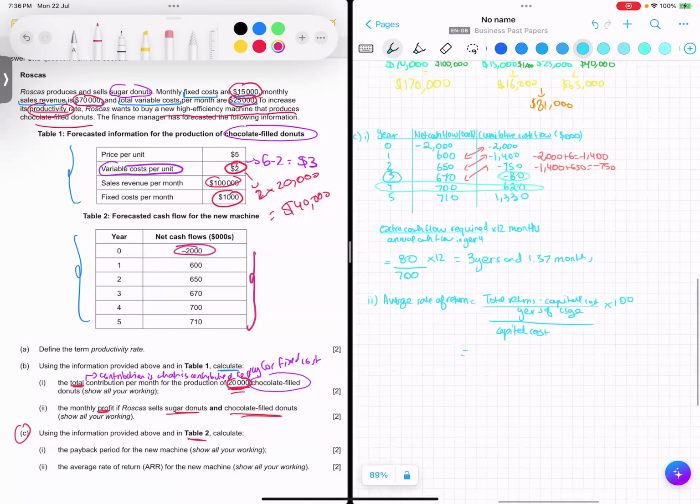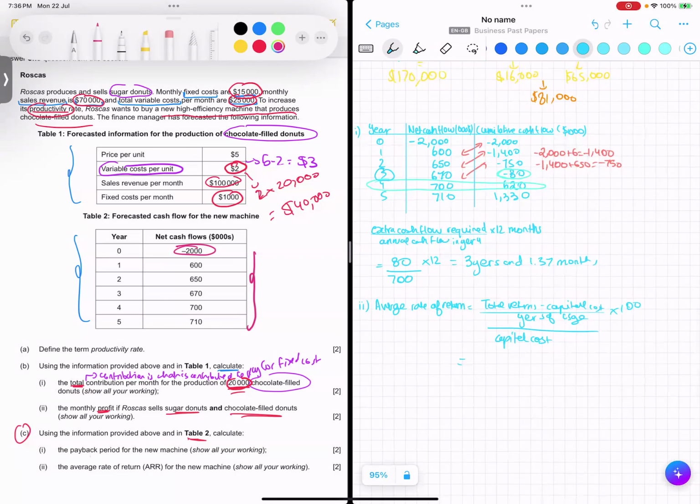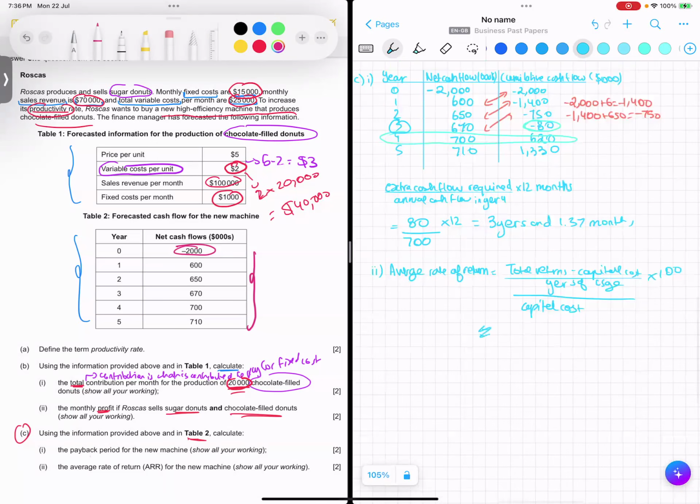How do we know that these are total returns? So guys, let's actually calculate total returns. Total returns is 600,000, because again, this is in 000. This is 3 zeros, so you have to add 3 zeros to each one. So just keep that in mind when you're making your calculations.